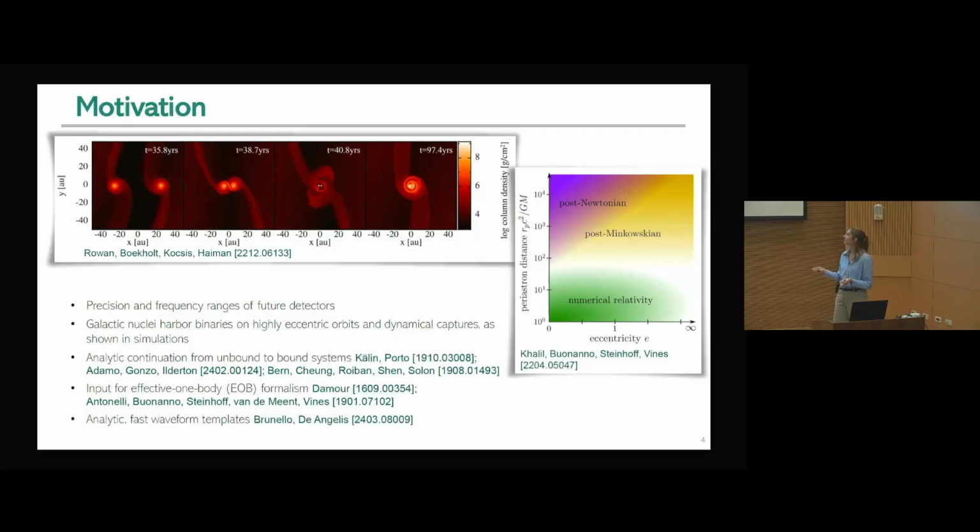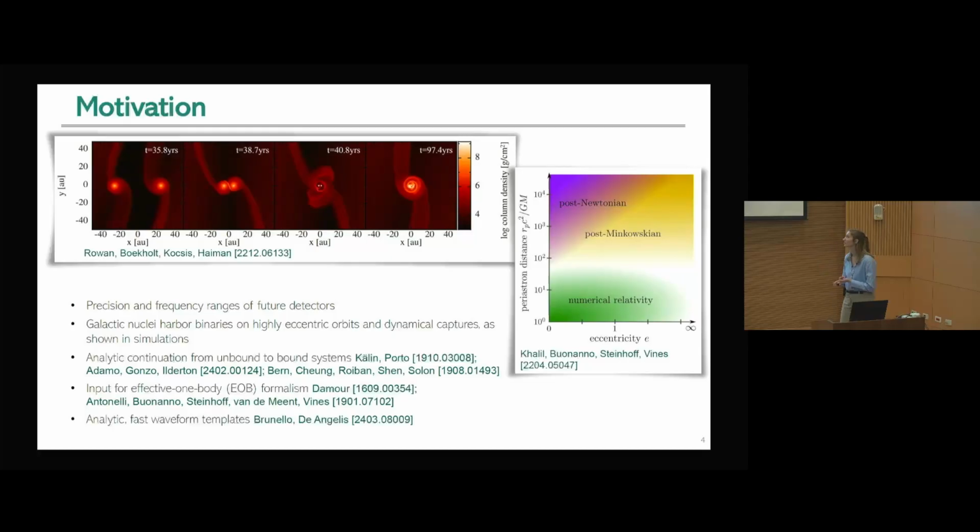Furthermore, in simulations like this one up here, it has been found that some black holes get captured, so the initial part is actually a scattering, where the post-Minkowskian expansion is useful. Also, orbits with high eccentricities have been seen, and as shown on this plot, for eccentricities close to 1, post-Minkowskian expansion is actually superior to the post-Newtonian one.